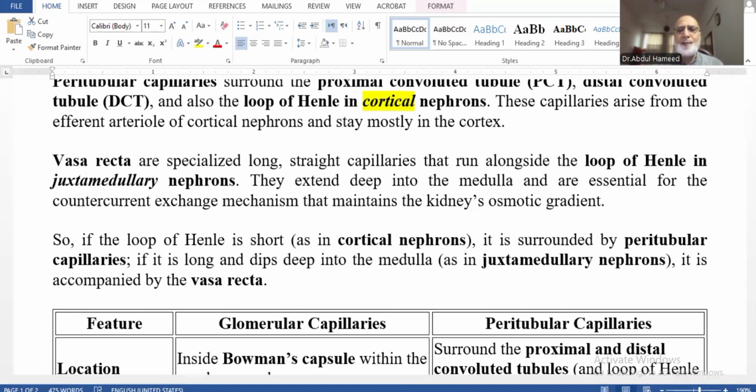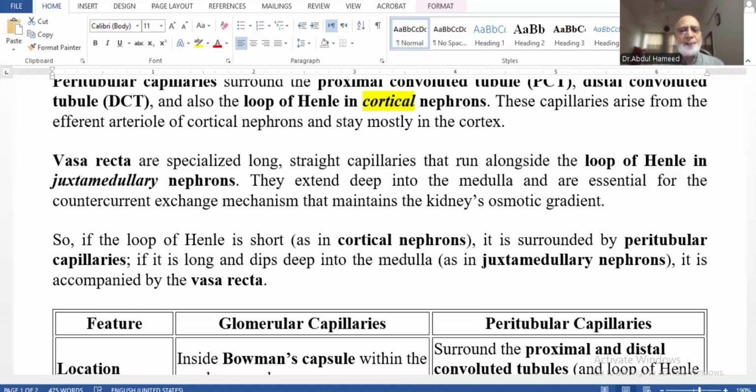They extend deep into the medulla and are essential for the countercurrent exchange mechanism that maintains the kidney's osmotic gradient as well. So juxtamedullary nephrons have vasa recta, and these capillary beds also arise from the efferent arterioles.